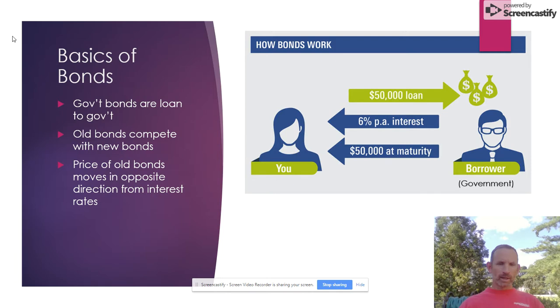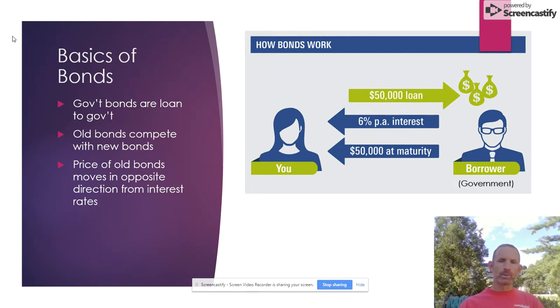If new bonds, for example, are being issued at 6%, like the example here, and I happen to be holding a bond that's only paying 3%, obviously nobody's going to want to buy my 3% bond. But the way I can sell it is by lowering the price. So the prices of old bonds move in the opposite direction from the interest rate. As interest rates rise, prices of old bonds fall. So that's a little bit about how bonds work.